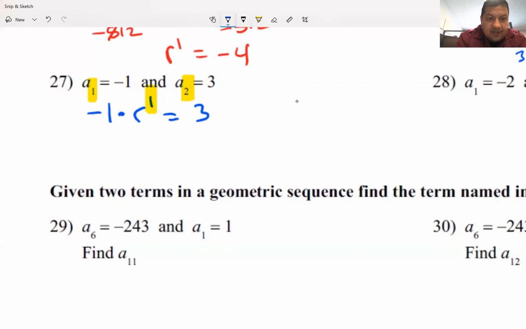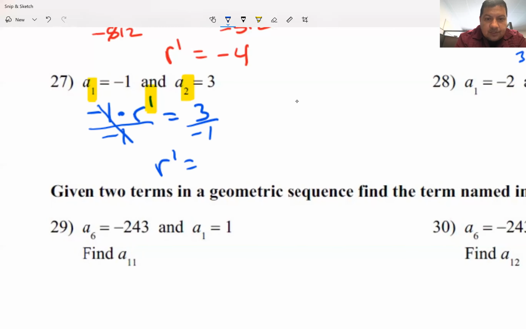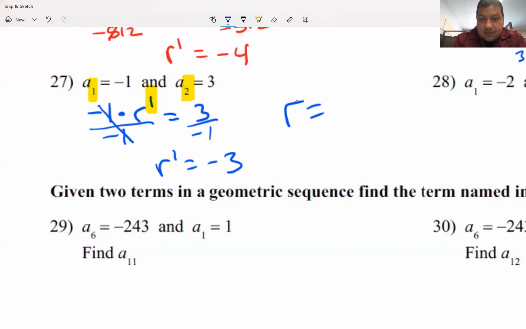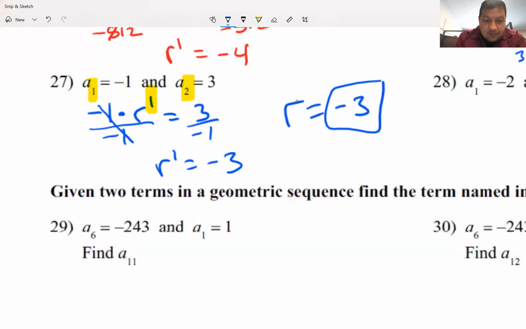Now let me divide both sides by negative 1. So I have that R to the 1 is equal to negative 3. R to the 1 is basically R, so R is equal to negative 3. When the numbers I give you in the list are consecutive, it's simple.